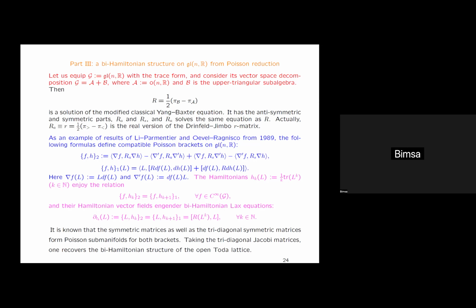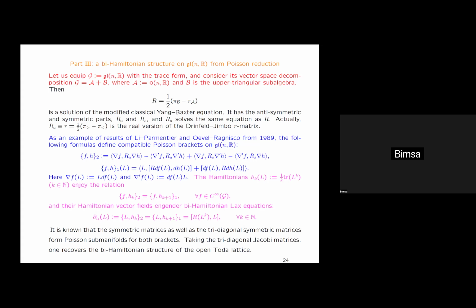And also the tri-diagonal symmetric matrices form a Poisson submanifold with respect to both brackets. And this gives the open Toda lattice and the so-called full symmetric Toda lattice. Okay. And it's also known how the linear bracket comes from Hamiltonian induction. This is known from old works of Reyman, Semenov-Tian-Shansky.